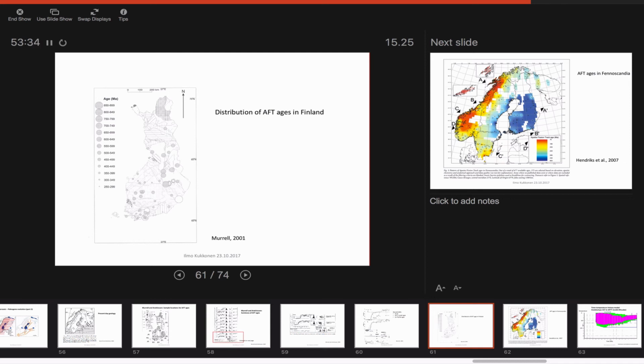So the basic thing is that if the cooling takes place rapidly, you will get a very sharp distribution, and the tracks have almost an ideal length. But if the cooling is slow and some healing takes place, you will first have this kind of high values, but they get shorter, and you start getting distributions in this direction.